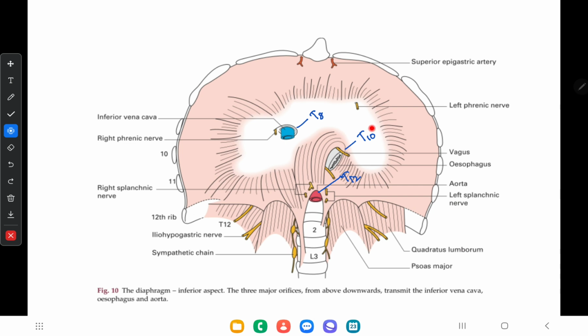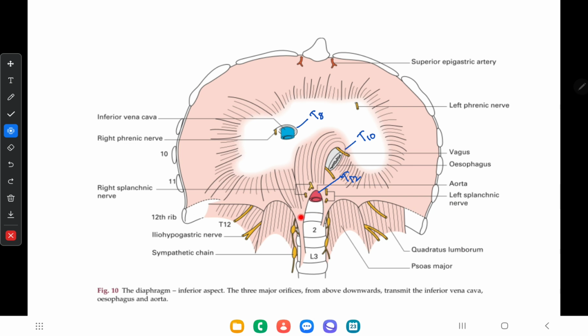So, when the contraction of the diaphragm occurs, there is a sphincteric effect on the esophageal hiatus. That means we call it the pinch-cock effect. The vagal trunks and esophageal branches of the left gastric vessels pass through the hiatus along with the esophagus. You can see the vagal nerves here.